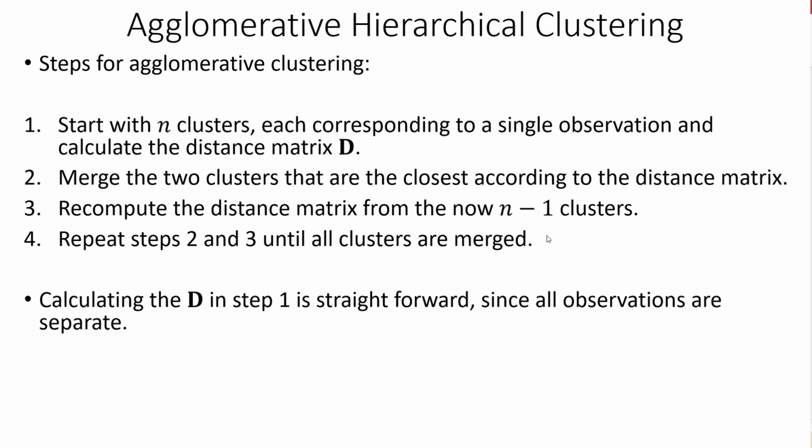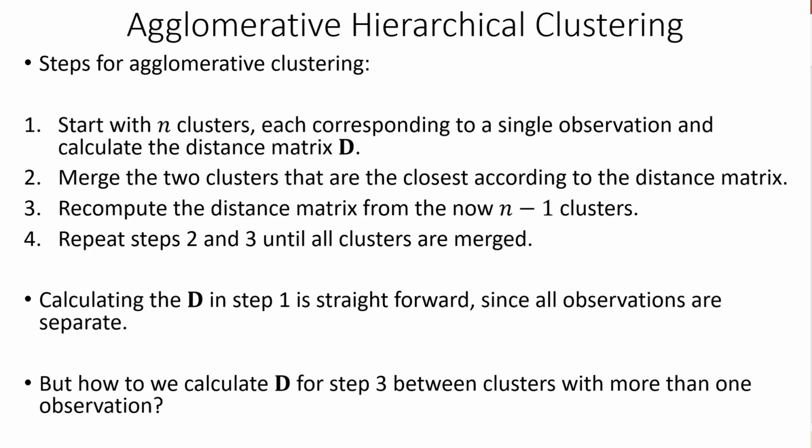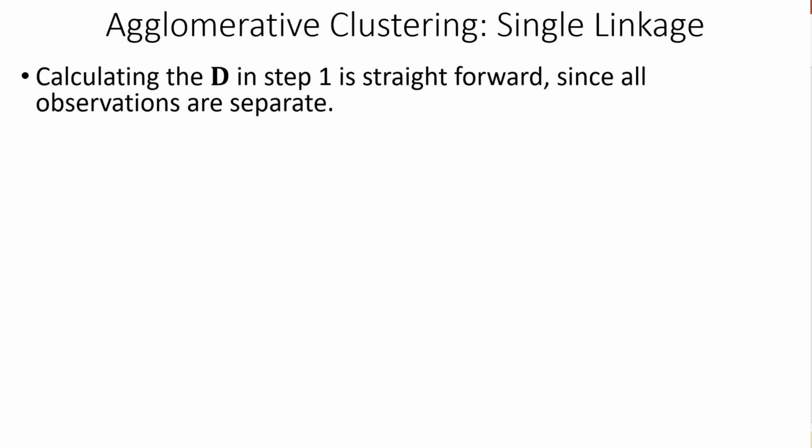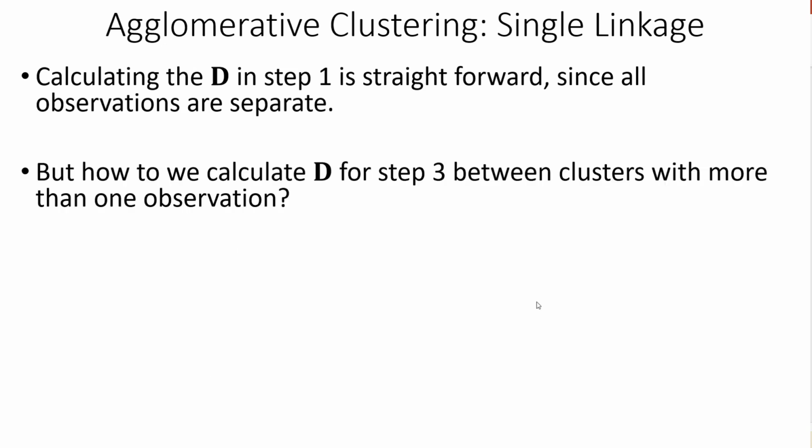In our first step, it's really straightforward because each dot is in its own cluster. But now, if clusters have multiple dots, what do we do? How can we calculate the distance for clusters with more than one observation? So there are actually going to be a couple of different choices. The most straightforward one is what we call single linkage.